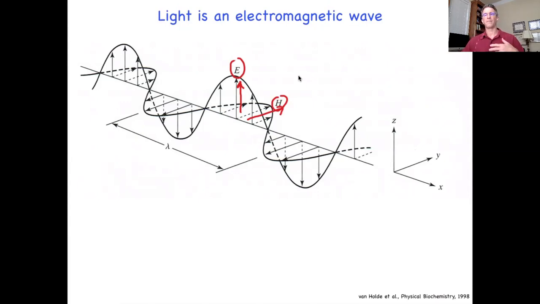And the light of a given energy will have a particular frequency, which would be the number of times it oscillates as a function of time. It will also have a given wavelength, the separation between the peaks of the electric field or the magnetic field component. We're going to have a fixed spatial length as a function of particular energy of the light, right?